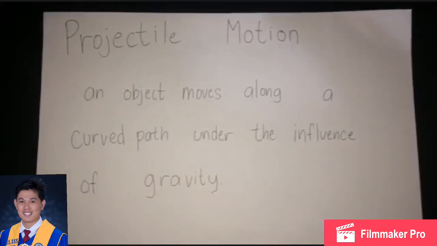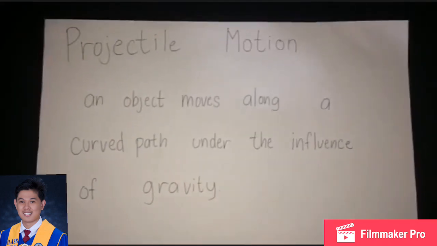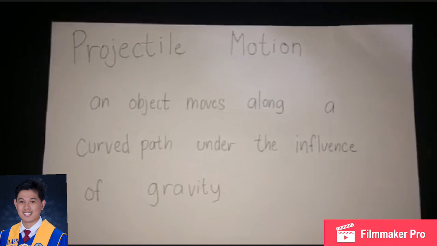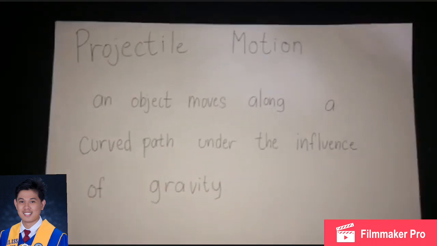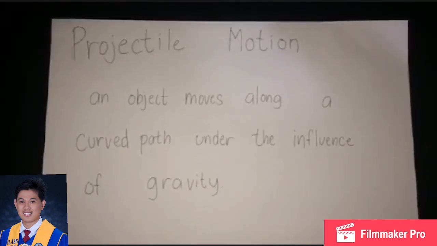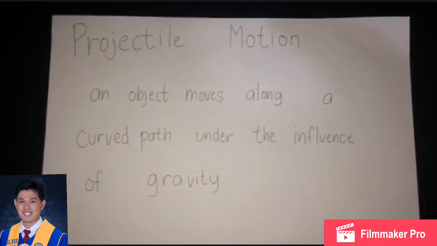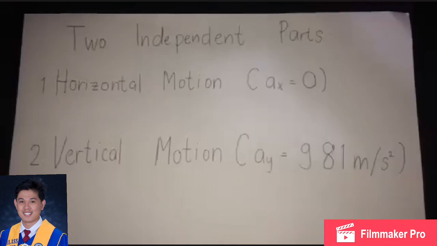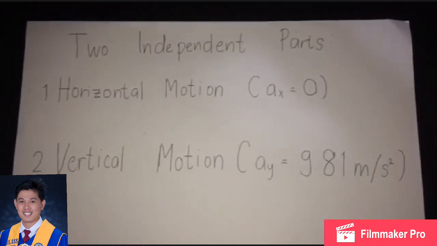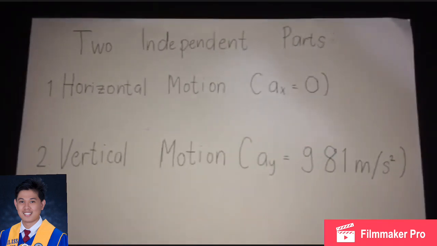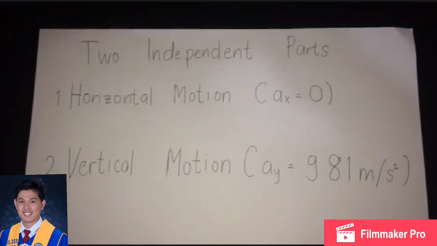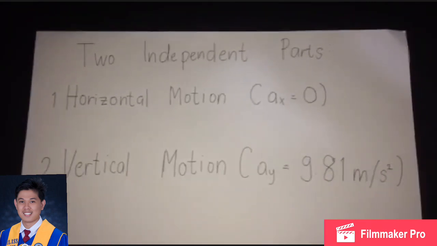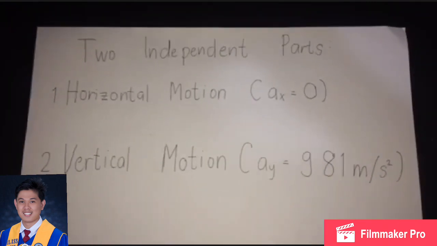In Jadin's and Mary Grace's report, they talk about the introduction of projectile motion. It is an object that moves along a curved path under the influence of gravity, and it also forms a parabola. There are two independent parts of projectile motion. First is the horizontal motion, which has an acceleration of 0.